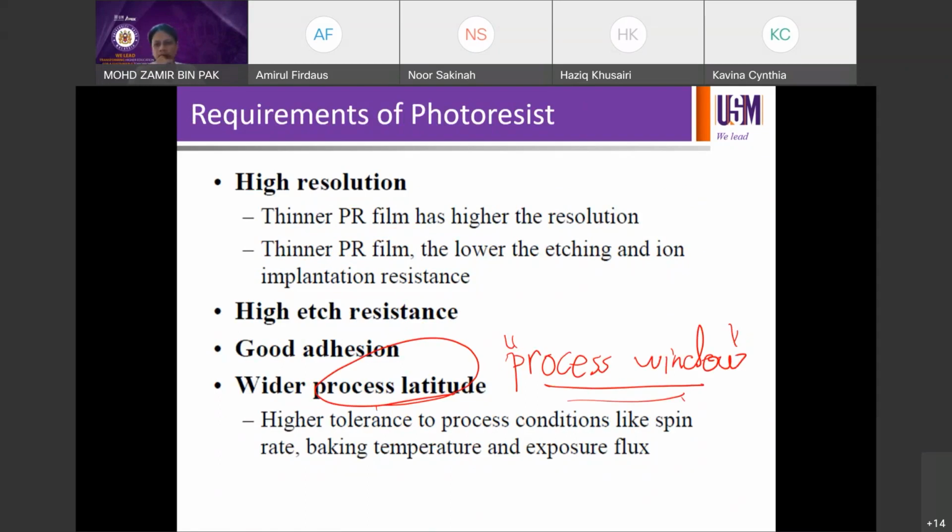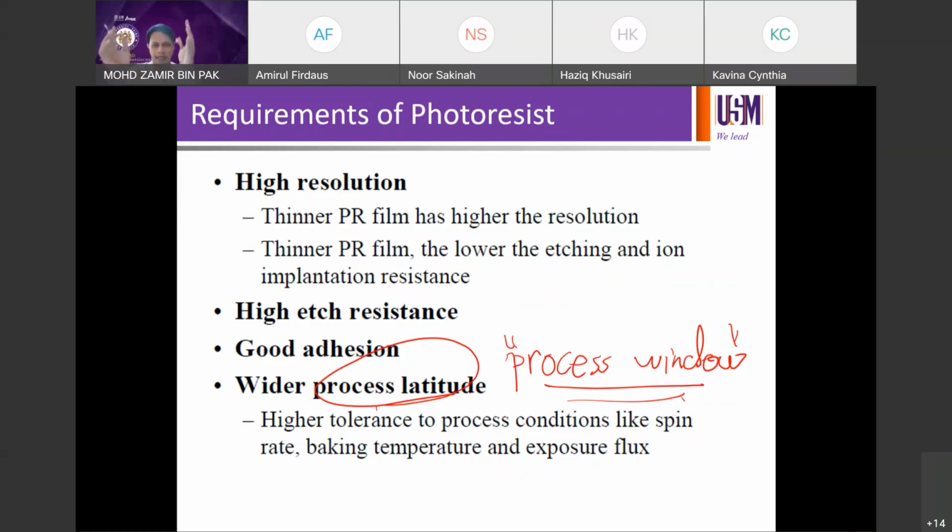Process window means how wide you can run the process without affecting the quality of the final devices. It means if it can go across certain parameters, for example focus and dose, if you can run a wide focus and dose without changing the quality of the CD, for example, then your process has a wide process window.